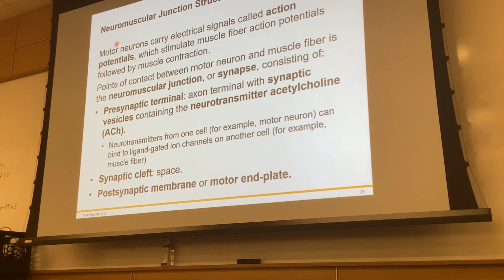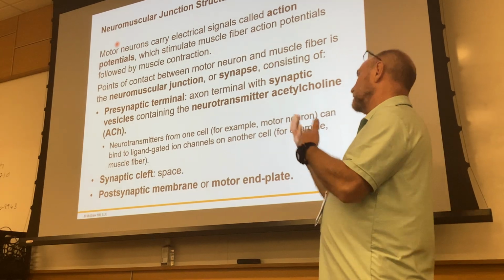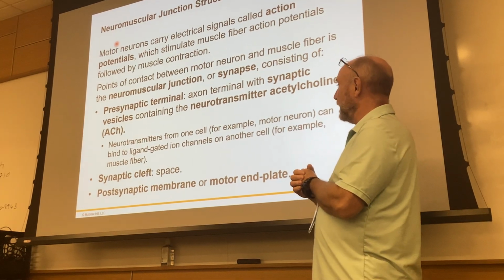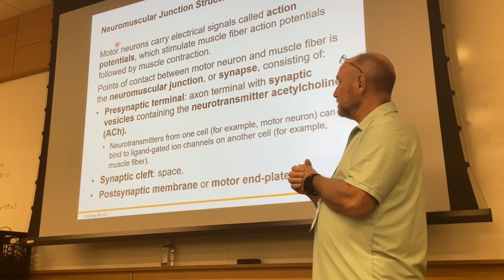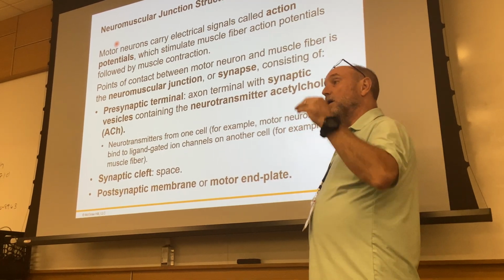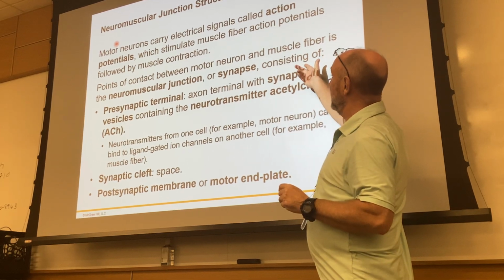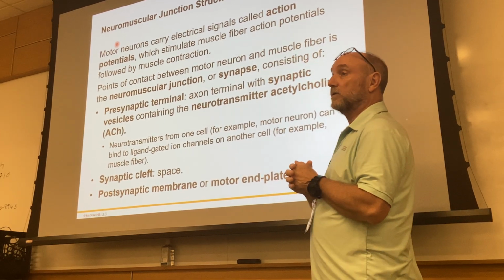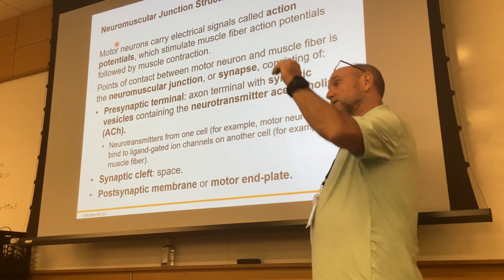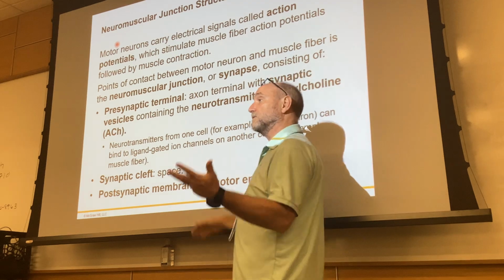Acetylcholine will come back to haunt us in Unit 4, and we'll talk about it again. So neurotransmitters are going to be released through exocytosis under the stimulus of, and where is the stimulus here? From the electrical stimulus from these motor neurons. So the electrical stimulus causes the synaptic vesicles to be released, and that's called exocytosis.